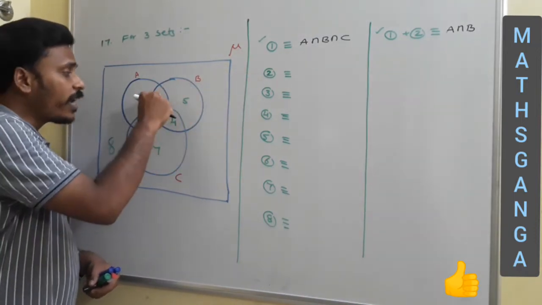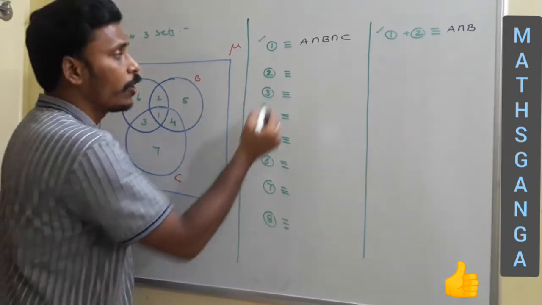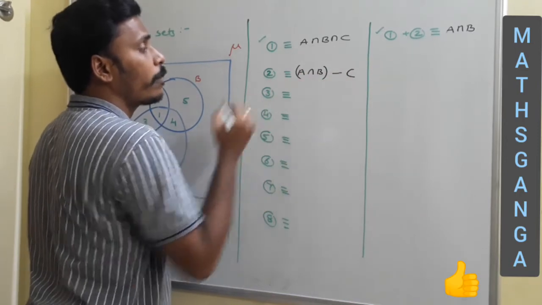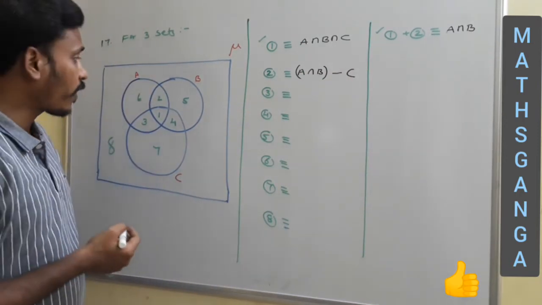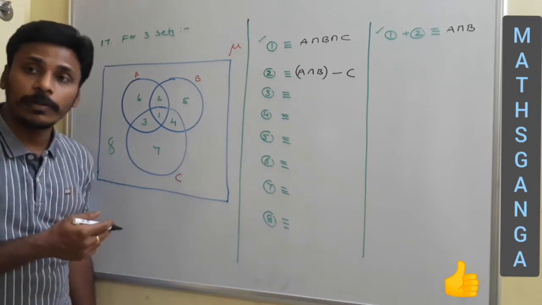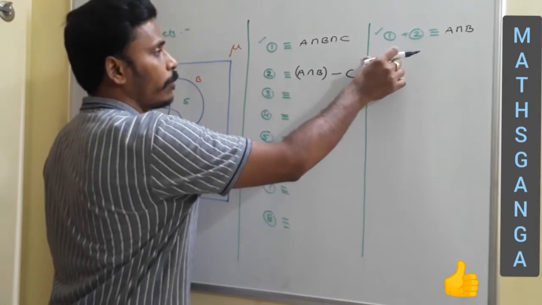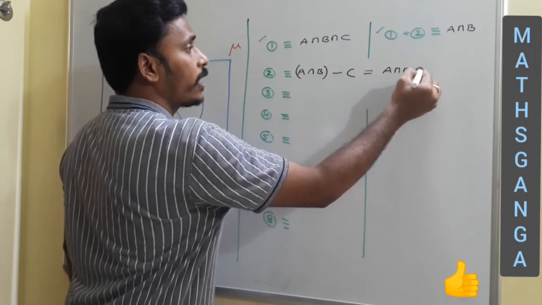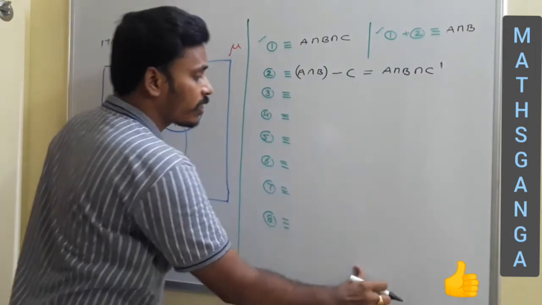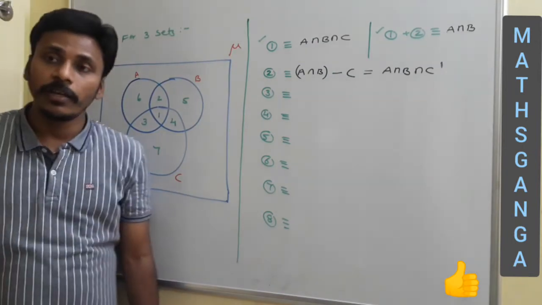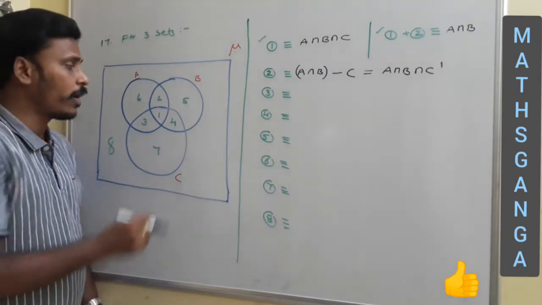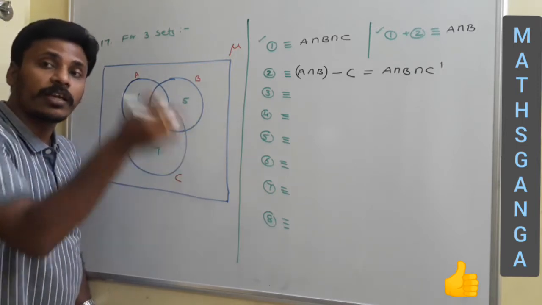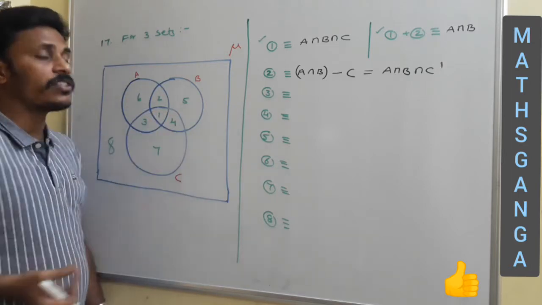That means from that A intersection B, I need to eliminate set C. So region 2 is A intersection B minus C. Or otherwise, I can also write A intersection B intersection C complement. Both are the same. Just have another look: A intersection B intersection C complement. Those two are the same. A intersection B is this part, C complement is outside of C, and outside of C within A intersection B is nothing but region 2.